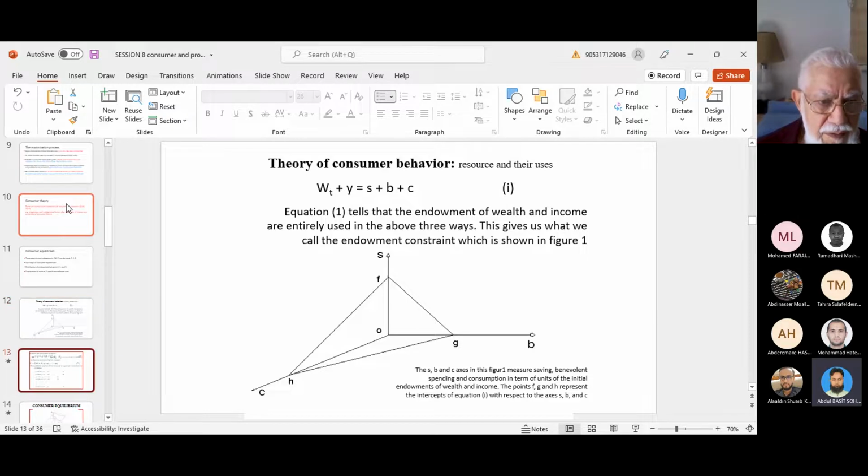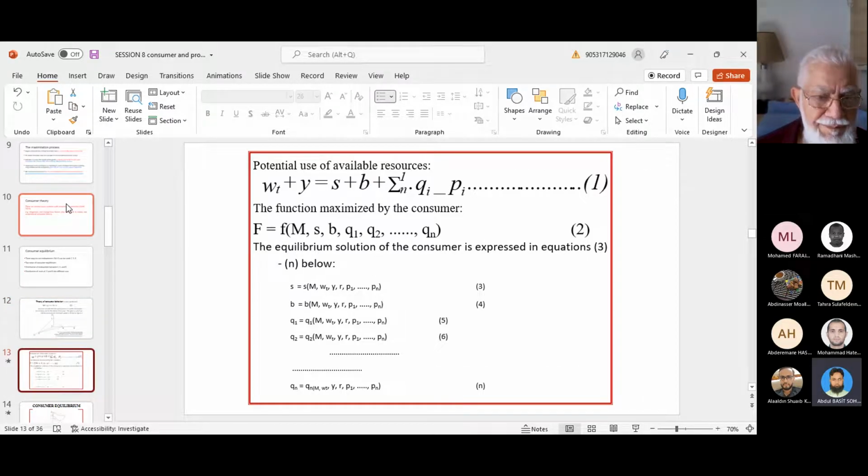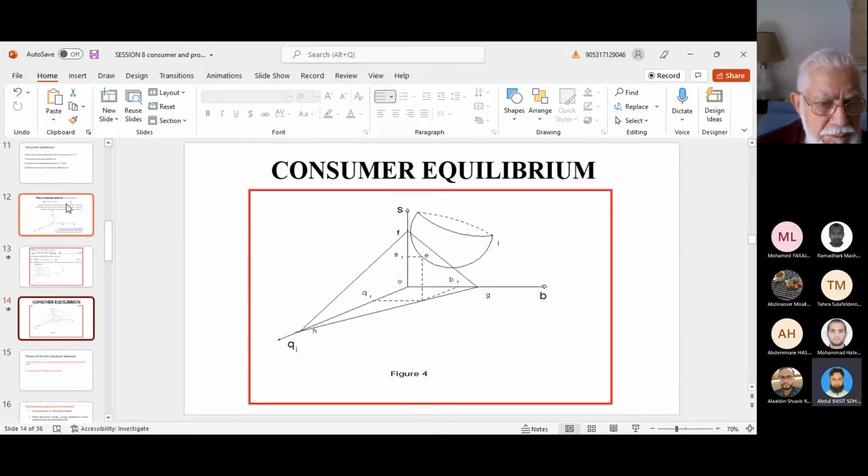Okay, continue, sir. So this is the mathematical representation of consumer behavior and consumer equilibrium. And of course, it includes R, the rate of return on investment. Is R mentioned in this graph?